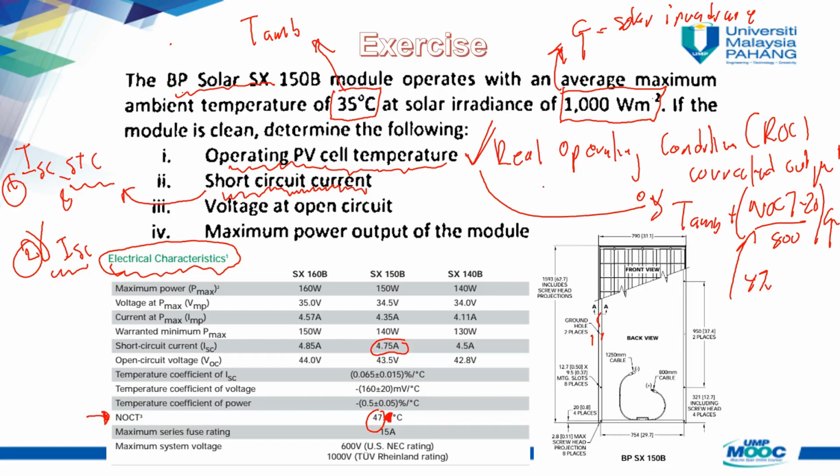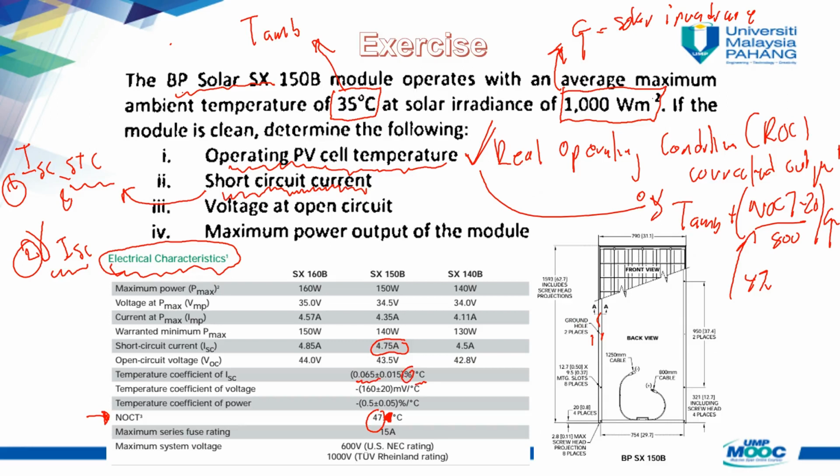ISC 0.065. 0.065 apa? Temperature coefficient. Percent per degree C.